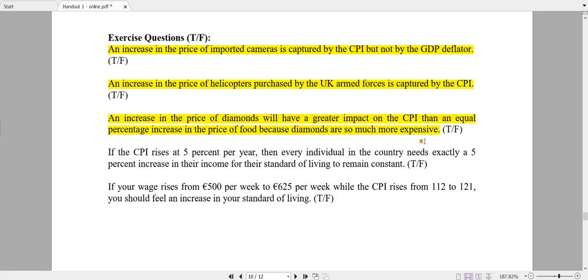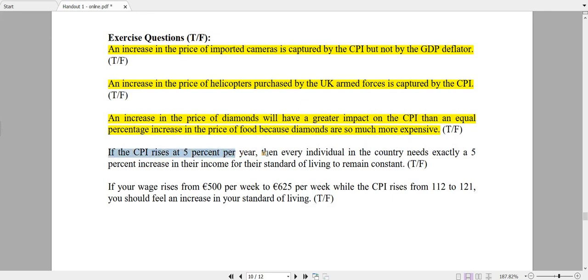So this statement is actually false. If the price of diamond increases, it will not have much impact on CPI index because diamonds are not consumed by a typical consumer. So if the price of food increases, that will have a greater impact on CPI index. So given that explanation, I would say that this statement is false.